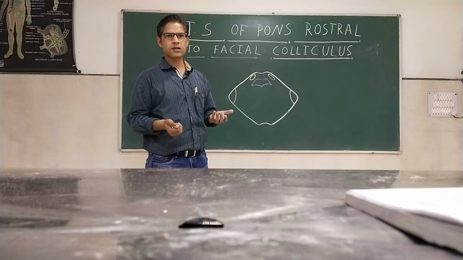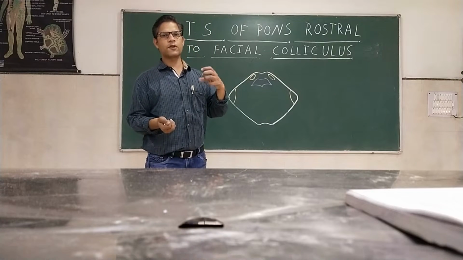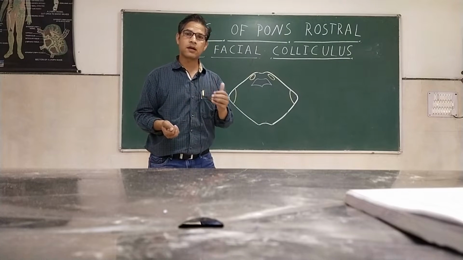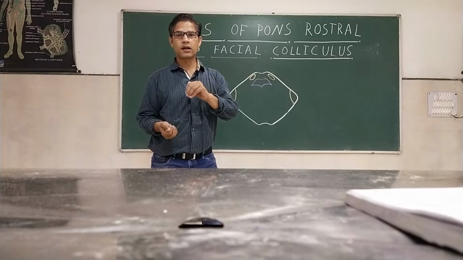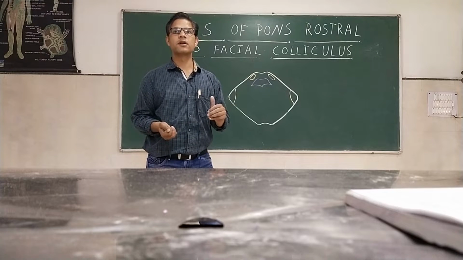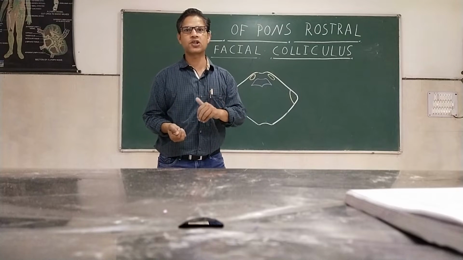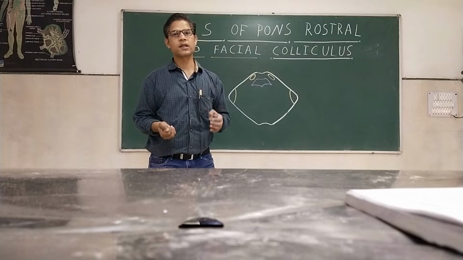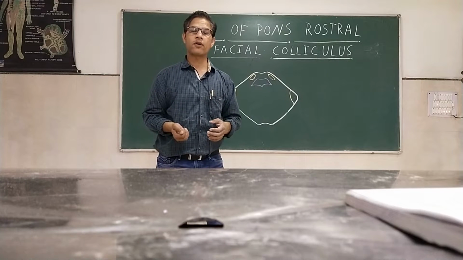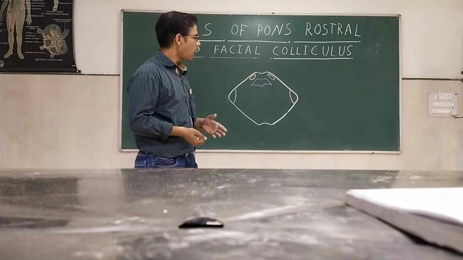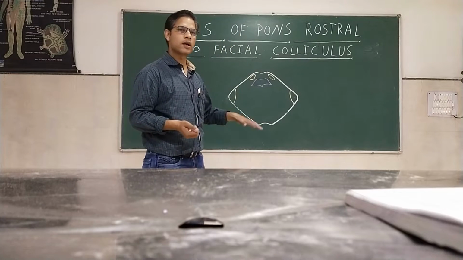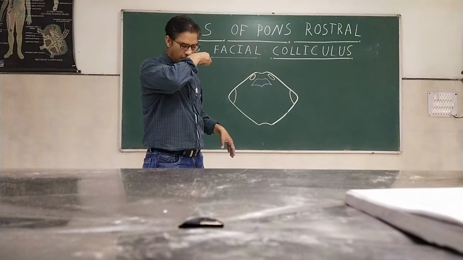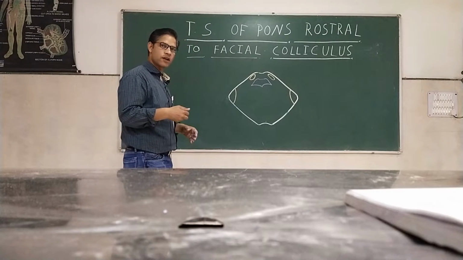At the facial colliculus level, the facial nerve nuclei were there, and the turning of the facial nerve motor fibers creating the internal genu, the abducent nerve, the nucleus pontis, and the fibers of the corticospinal tract. Now I am moving ahead to the level above the facial colliculus. One by one we are discussing each and everything.